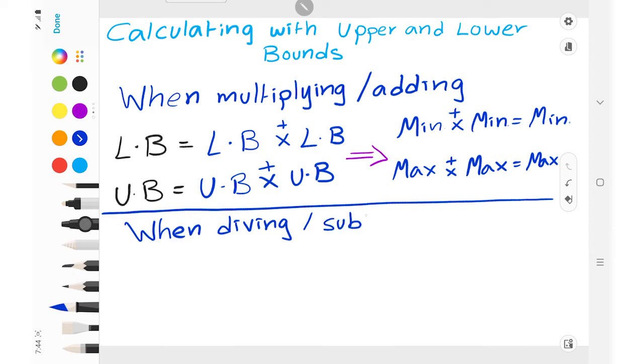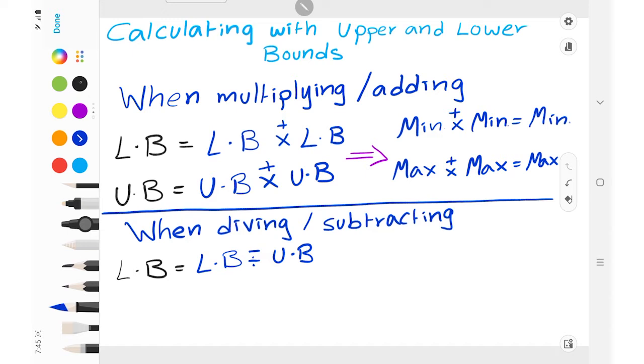When dividing or subtracting, this is different. For the lower bound, if you want the lower bound, the first number will be the lower bound, but the second number, whether it is subtracted or divided, will be the upper bound.